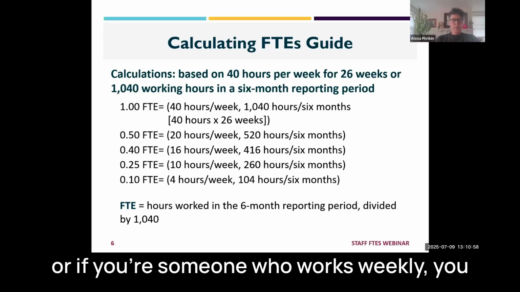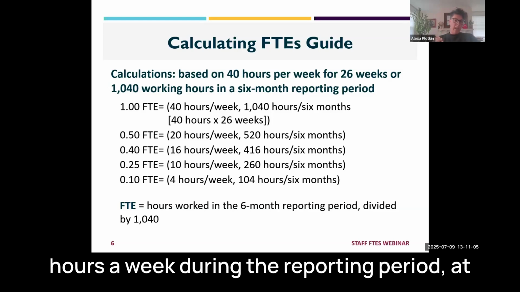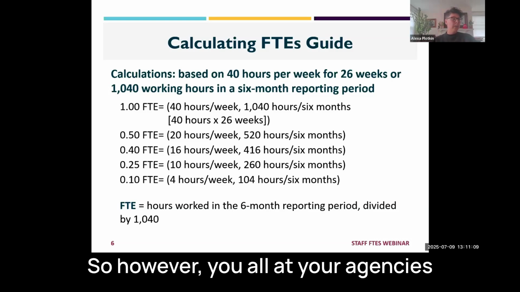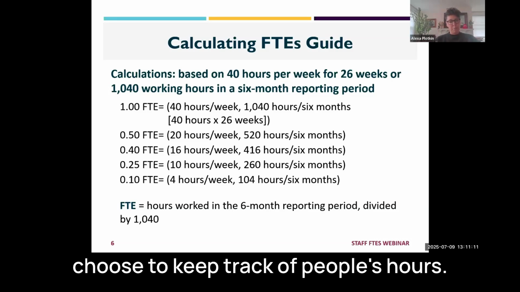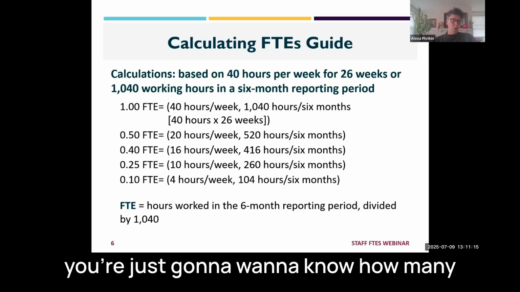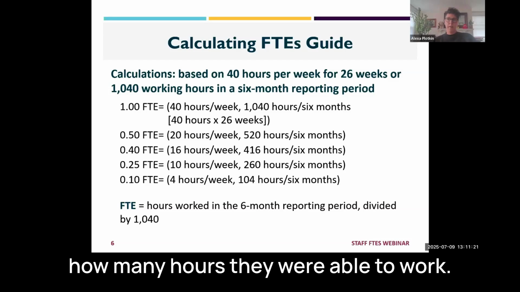Or if you're someone who works weekly, you can understand that if I do my 20 hours a week during the reporting period, at the end I'll have worked X amount of hours. So however you all at your agencies choose to keep track of people's hours, ultimately at the end of the reporting period, you're just going to want to know how many hours did someone work in the period versus how many hours they were able to work.